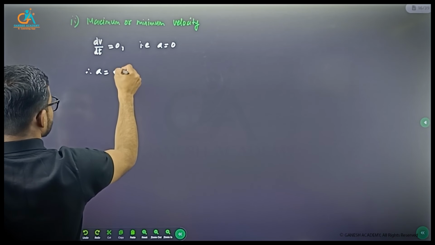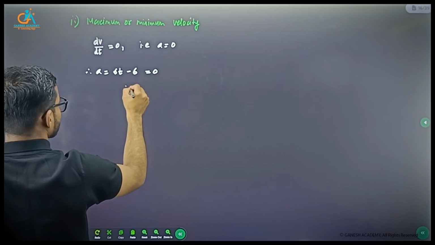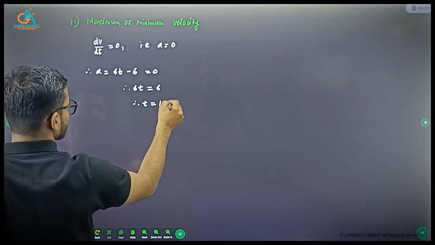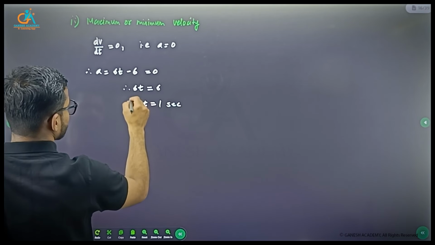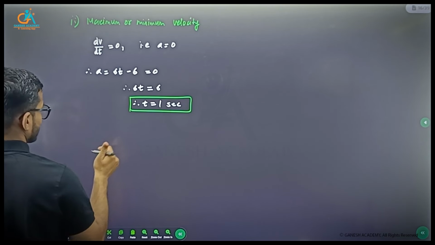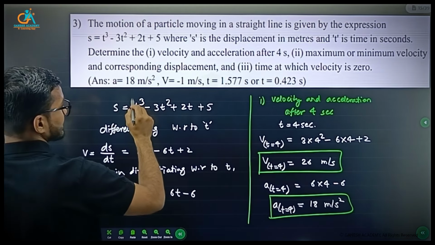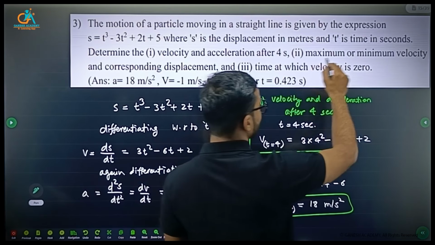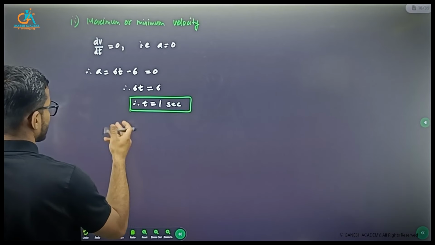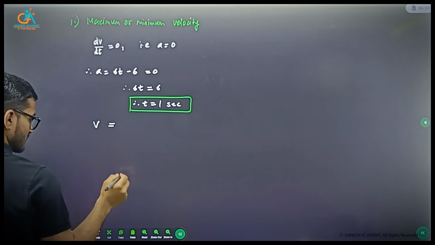So acceleration 60 minus 6t is equal to 0. So 60 is equal to 6t and time t is equal to 1 second. Then the corresponding value of maximum or minimum, whatever, velocity. So v at this corresponding time is equal to what?